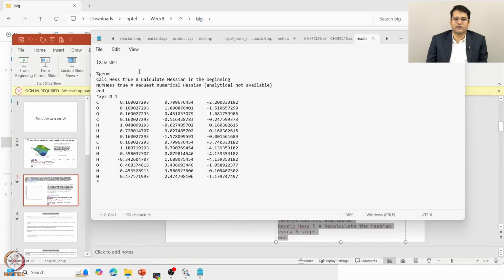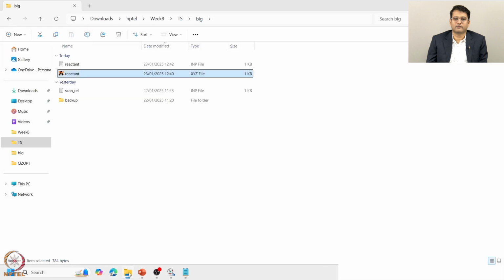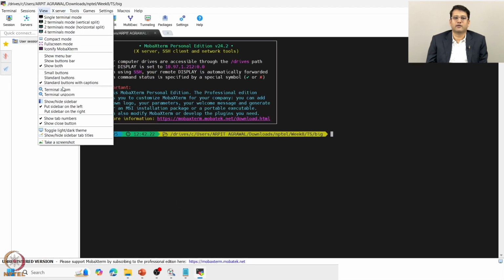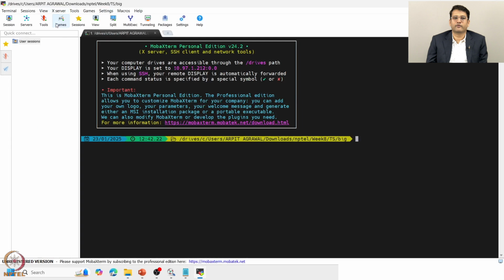close it from here. I open the terminal here, MobaXterm terminal. I make the terminal zoom a little bit.